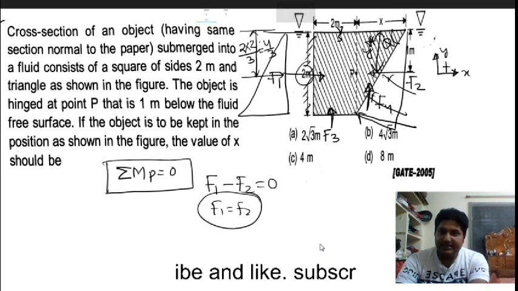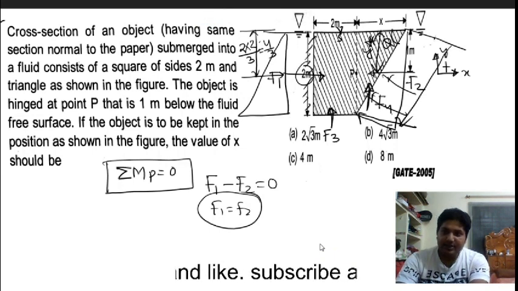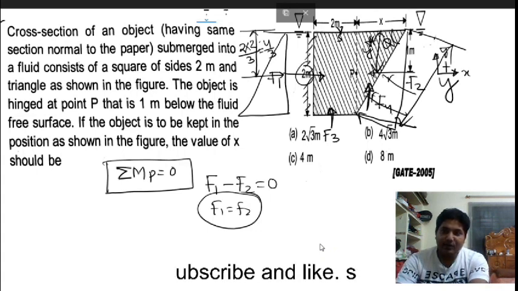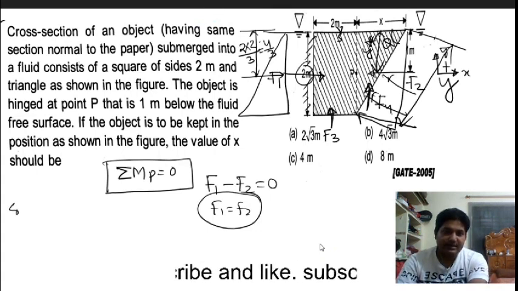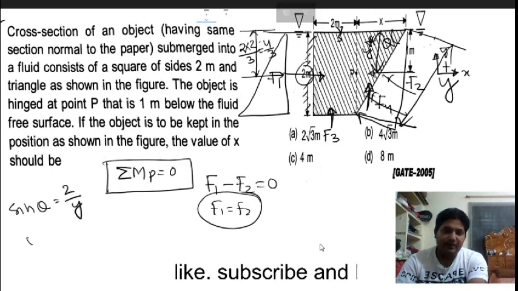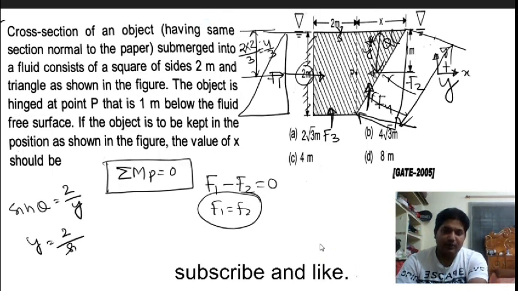Suppose this inclined distance is y. So sine theta will be equal to 2 by y. So y will be equal to 2 by sine theta.